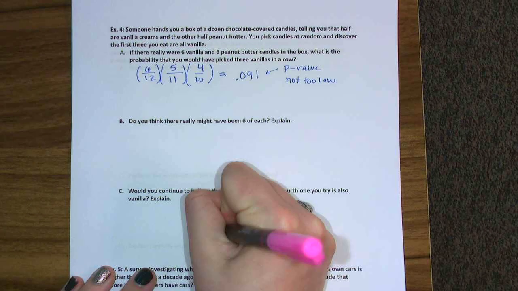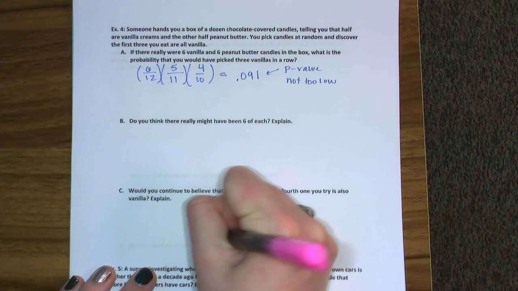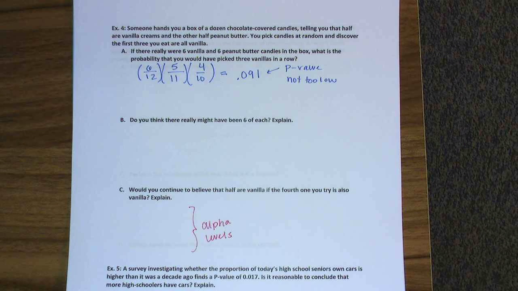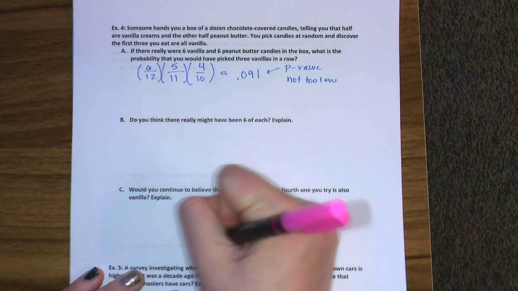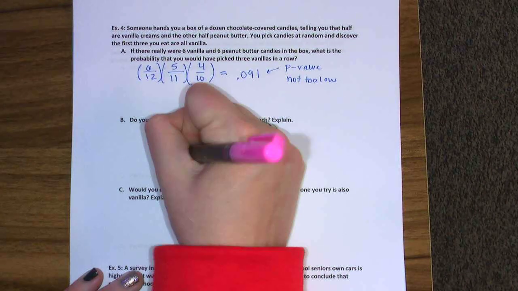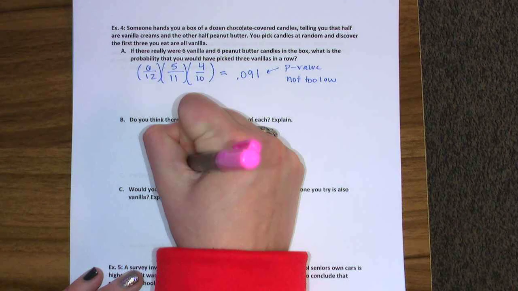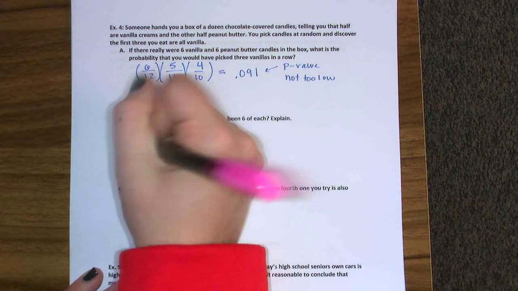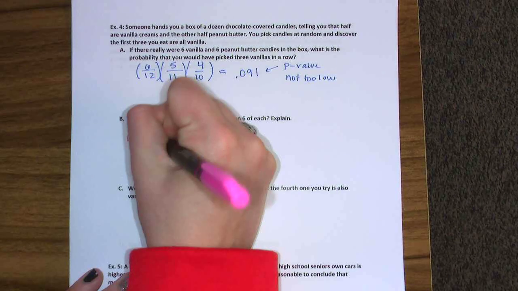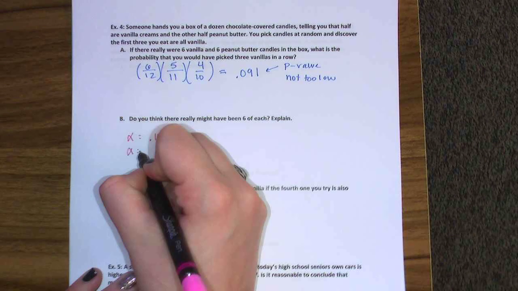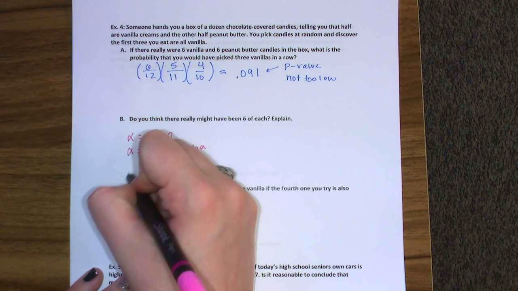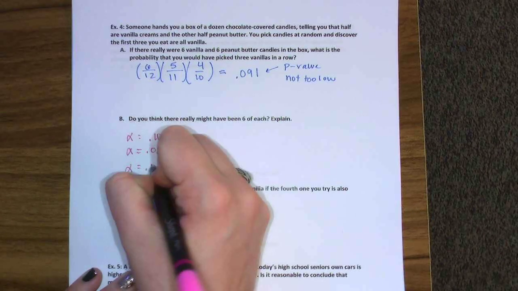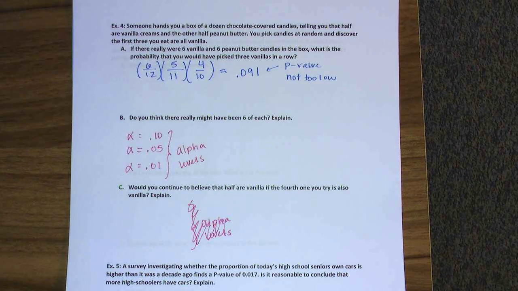And there are different ones. Alpha levels. So we have an alpha of 0.1, an alpha of 0.05, and an alpha of 0.01. Those are going to be the most common ones that we're using.